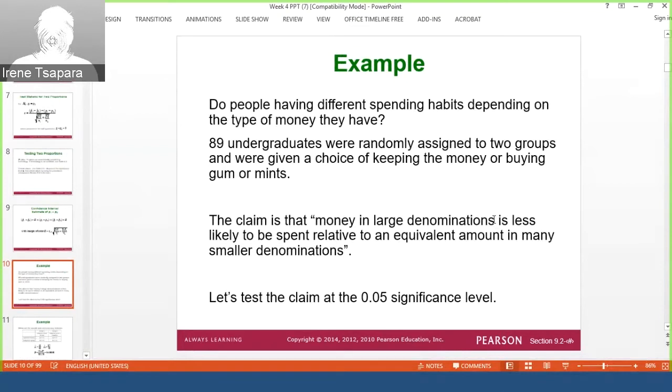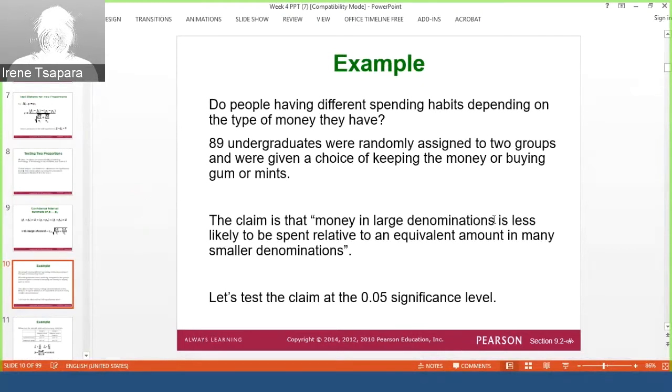So, do people have different spending habits depending on the type of money they have? Basically, do I spend the same amount of money if I have a $100 bill in my wallet as if I have 5 20s? That's the question. 89 undergraduates were randomly assigned to two groups and were given a choice of keeping the money or buying gum or mints.